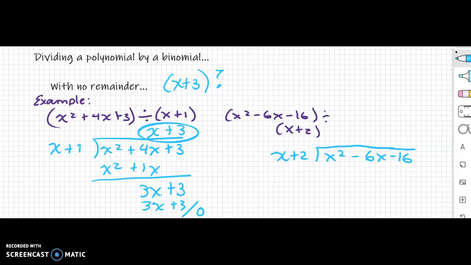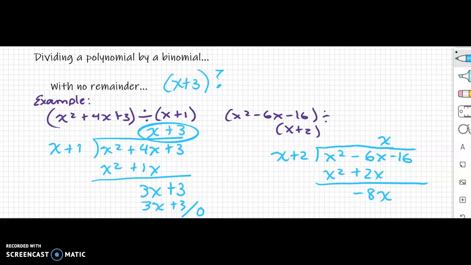Then I'm going to ask myself, how many times does x go into x squared? Well, it goes x times, but I'm going to line the x up with this x. Then I've got x times x is x squared, and x times 2 is plus 2x. Then I can subtract. Minus 6 minus 2 is minus 8x.